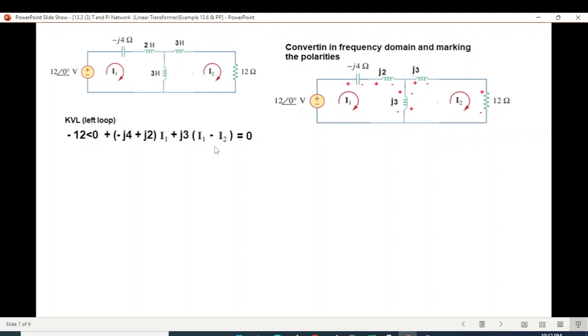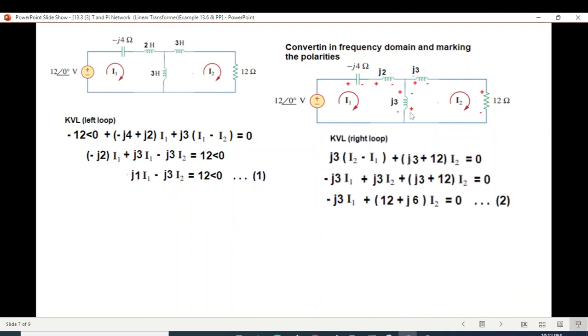So j3, I1 minus I2. Simplifying, collecting the like terms, this is our first equation. Similarly, we write the second loop equation, j3, and now we will write I2 minus I1 since we are in the second loop, and this is 12 j3. Okay, solving. So this is our second equation.